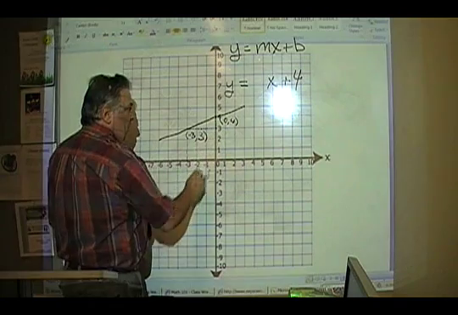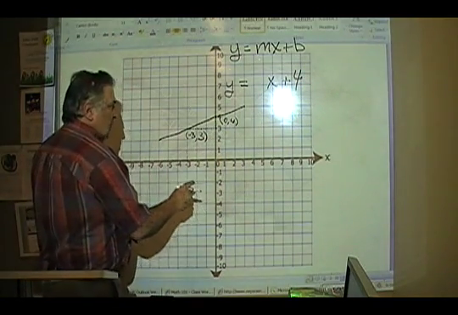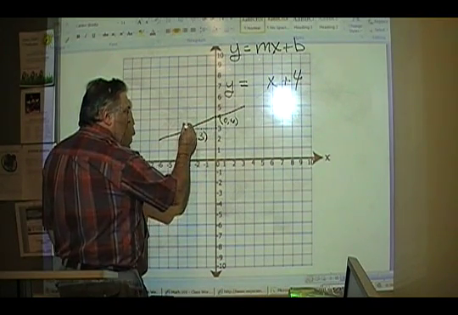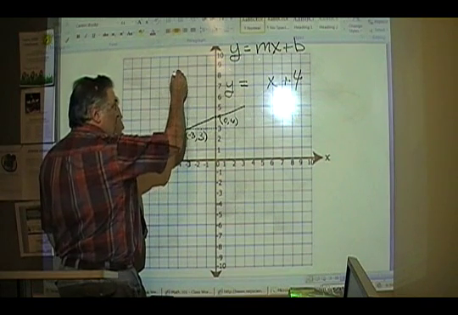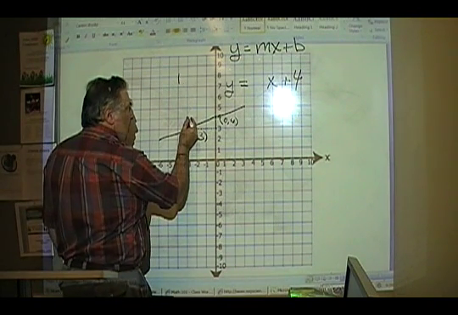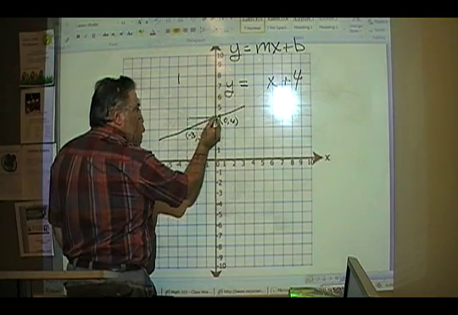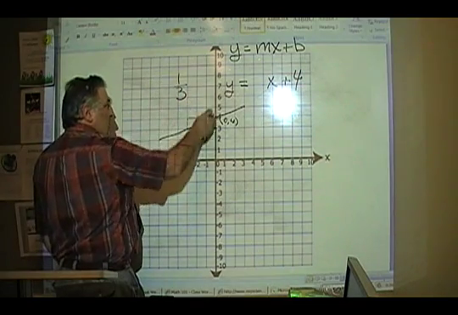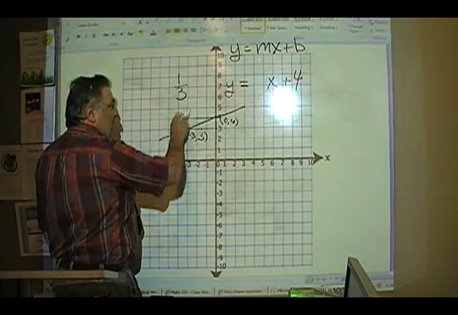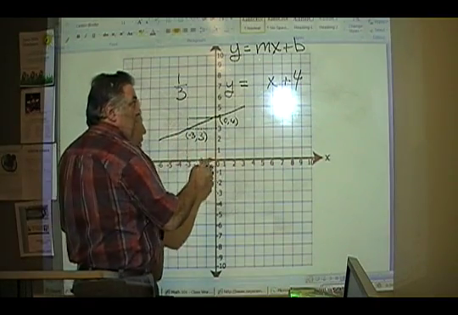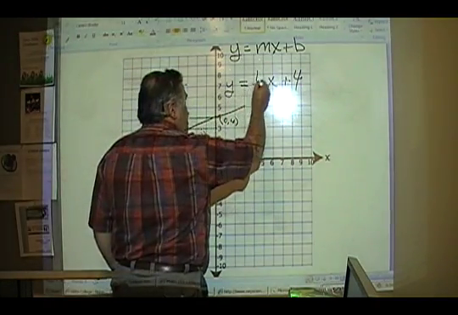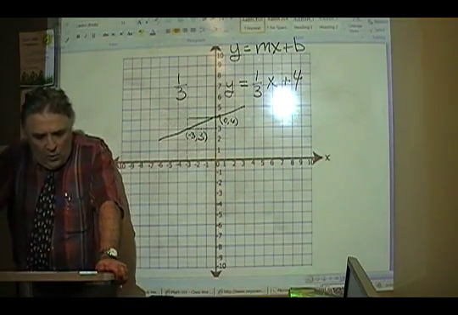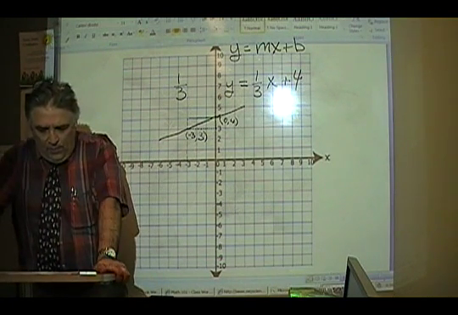I went from 4 to 3, so if I look at my rise and run, to go from this lower point to the upper point, I had to go up one step. My rise is 1, and my run is 1, 2, 3. The rise, the change in y, goes on top, and the run, the change in x, goes on the bottom. So my slope is 1/3. So the equation for that line would be y equals 1/3 x plus 4. That's letter D.